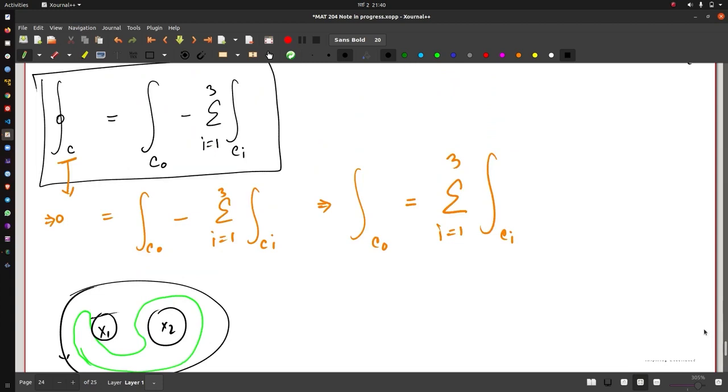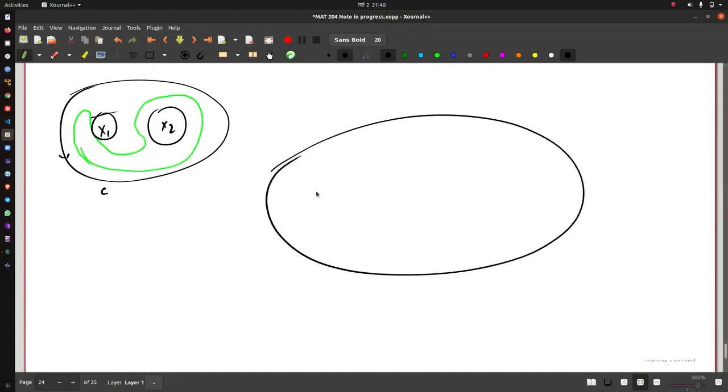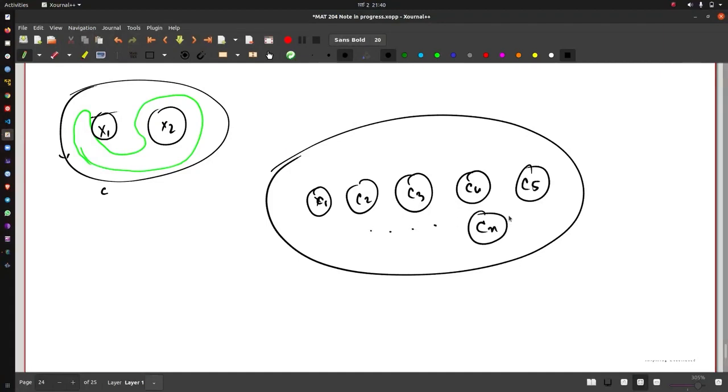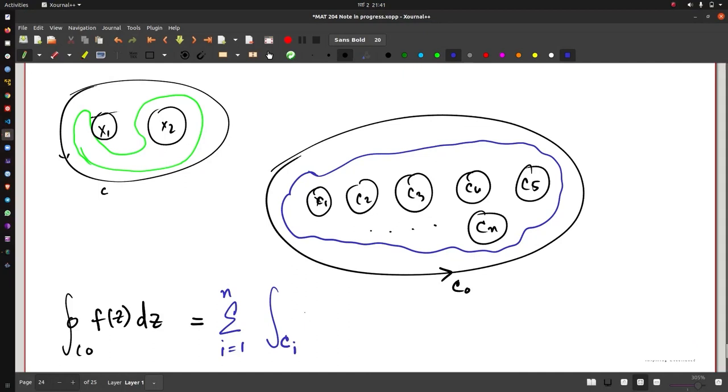But what does this result tell us over here? This means that if you have a multiply connected domain like this, let's say there is one hole C1, let's say C2, C3, C4, C5, let's say Cn, many holes, and let's say you have a contour that encloses all of these holes, then the result you would get from this contour C0, that means along this black line, C0, a closed contour, this would be just equal to the sum of all the holes.